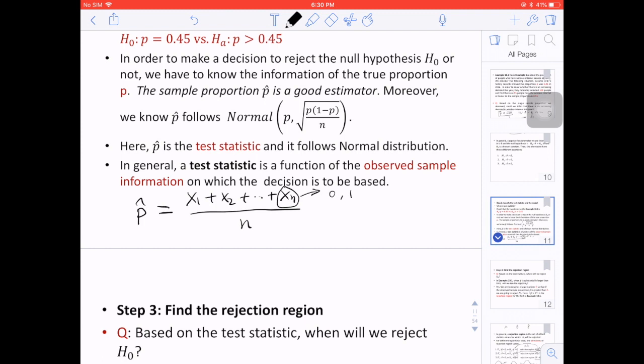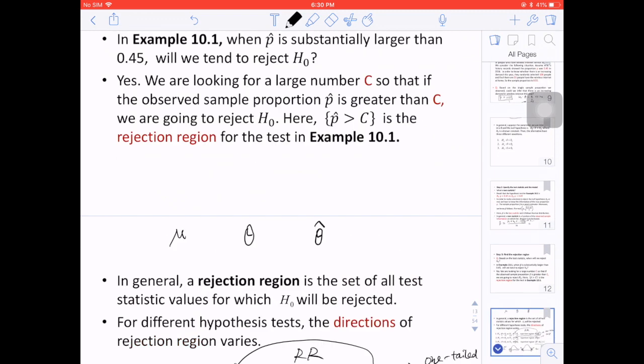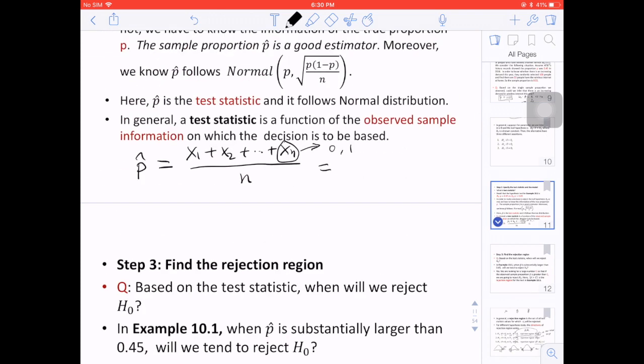The numerator is the summation of a bunch of Bernoulli random variables, which is binomial. We can use the property of x bar to apply to p hat, so p hat approximately follows a normal distribution when the sample size is large.